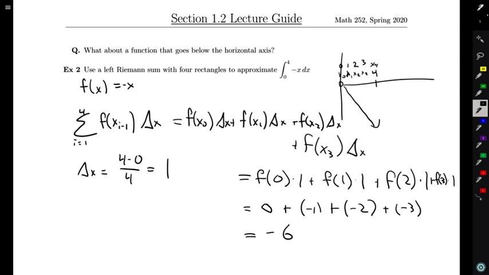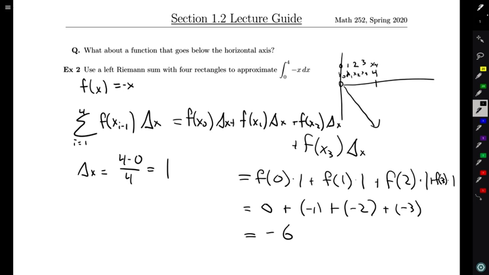So the first thing that we're noticing here is that our Riemann sum is telling us that we need to take negative areas when we're looking under the axis here. So this Riemann sum, or this integral, should be approximately minus 6. It's not going to be exactly minus 6, but certainly it's going to be negative no matter what it ends up being.